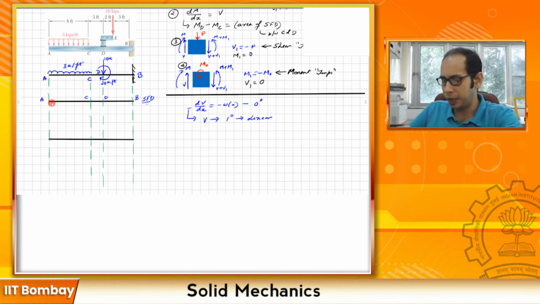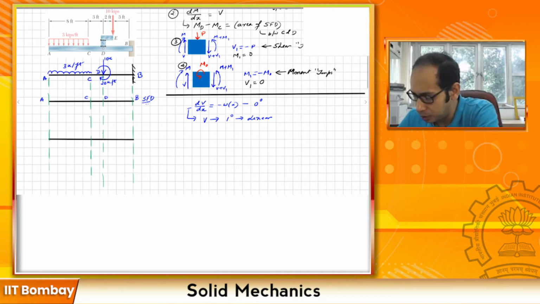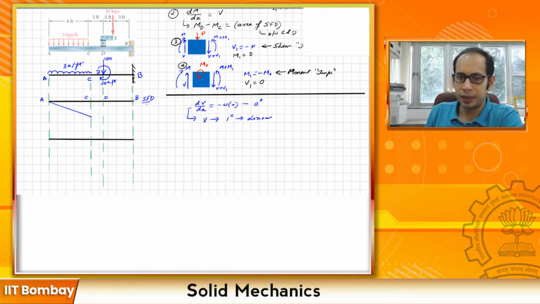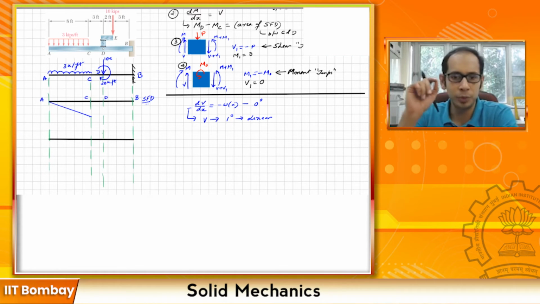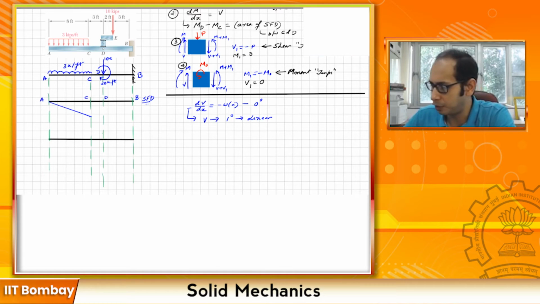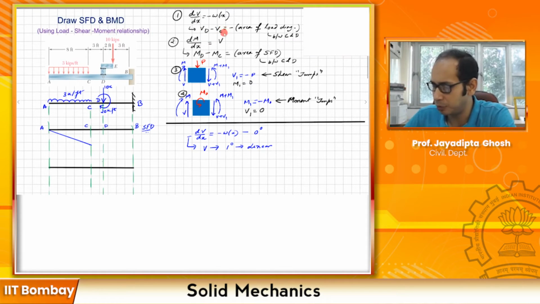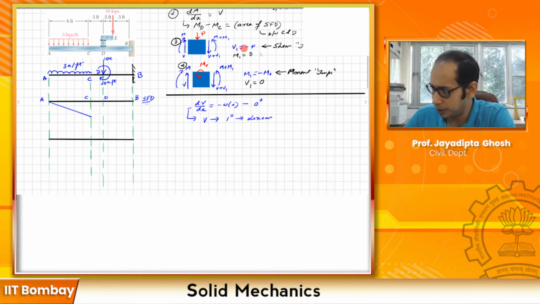Let's mark that one, from here to here, A to C, because I'm only drawing up to C, since my uniformly distributed load is only up to C. What is the value at C that I can find from this relationship? Let me write that.